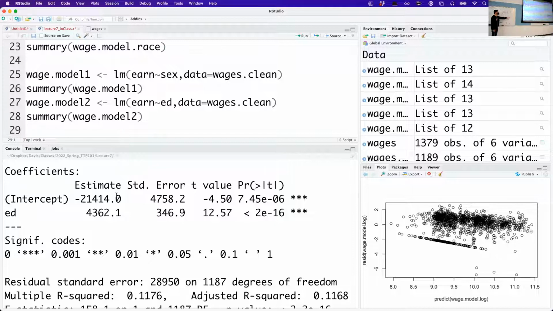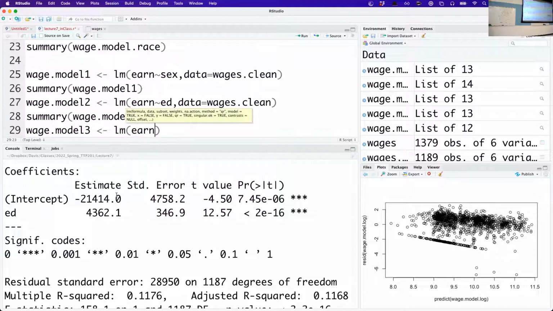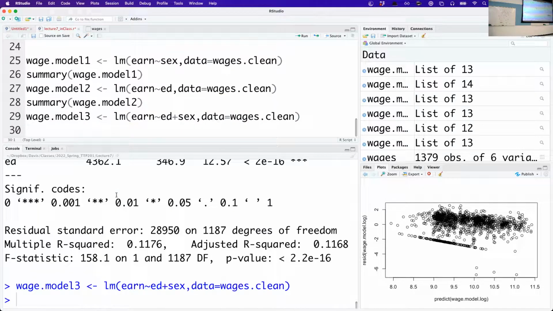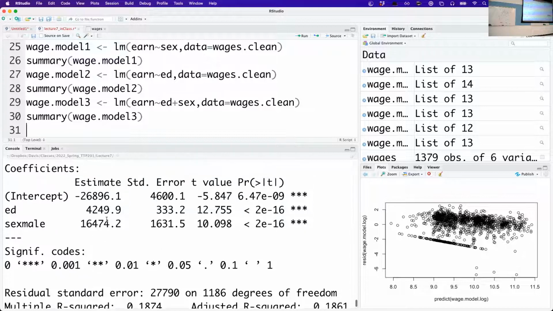Okay, so that looks like this. Let's take a look at the next one.